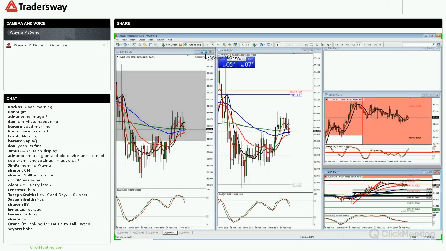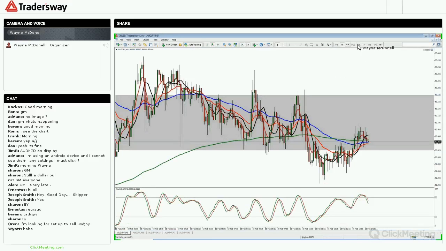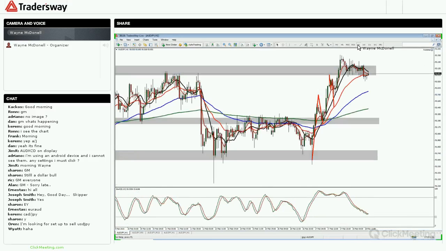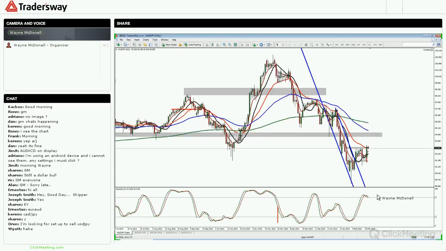Okay. There's a range from before. Okay, that's kind of putting things into context. Does that make sense?